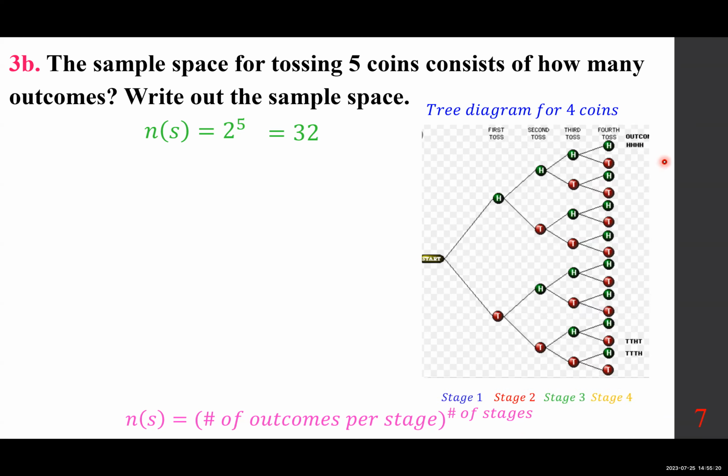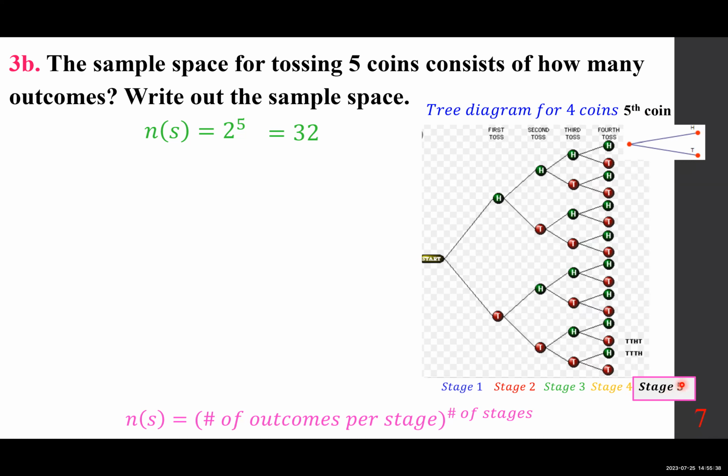First and foremost, this is stage 1, coin number 1, stage 2, coin number 2, stage 3, coin number 3, and stage 4, coin number 4. We are going to add the 5th coin, and again, H, T, and this is stage number 5.